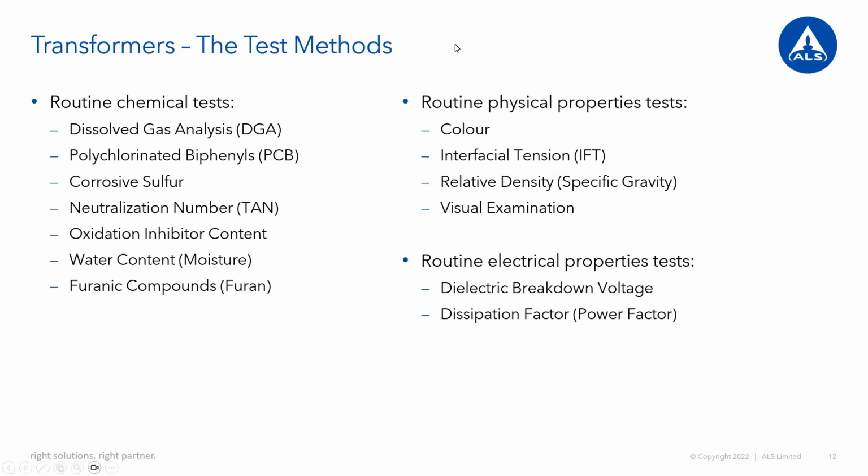The routine chemical tests are dissolved gas analysis, polychlorinated biphenyls, or PCBs, corrosive sulfur, neutralization number, or TAN, oxidation inhibitor, moisture, gerons. We also do color, interfacial tension, density, visual examination, and then the electrical ones are dielectric breakdown and dissipation factor.